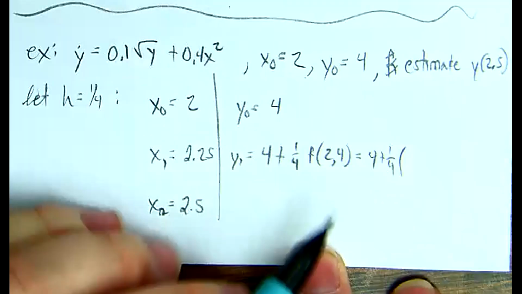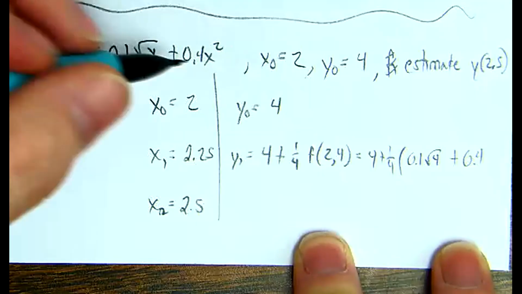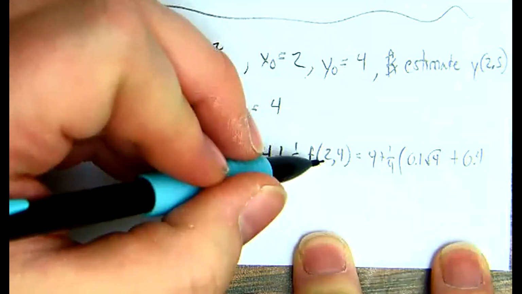So this is 4 plus 1/4 times f evaluated at 2, 4, which is 0.1 root 4 plus 0.4 times x squared. x was 2, so times 2 squared.